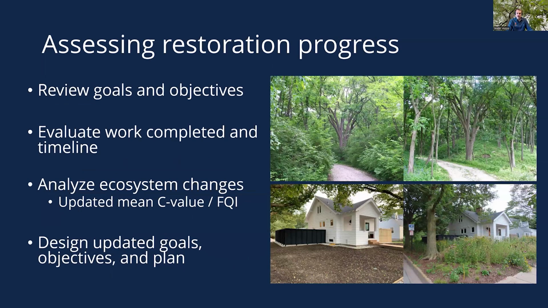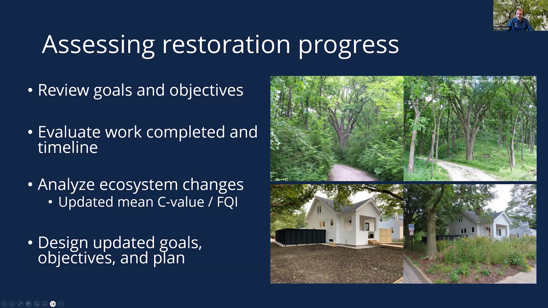And so looping back to these images that we looked at in the beginning of the presentation, we come back and think about these in the context of some of the things we've discussed. Assessing your goals and this idea of an iterative process of restoration: how can we evaluate the work we've completed and the timeline that we've done it in? But also, what are the changes within the ecosystem overall?